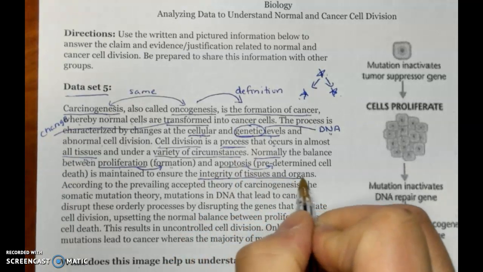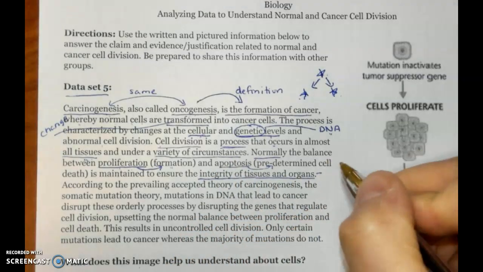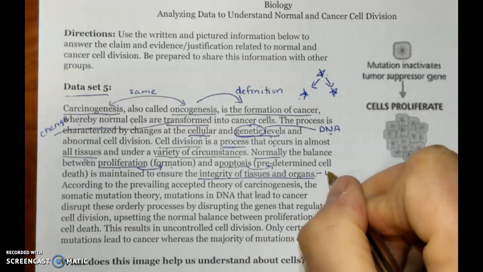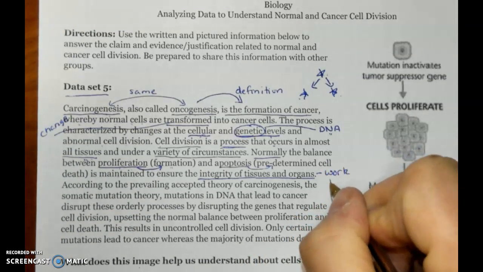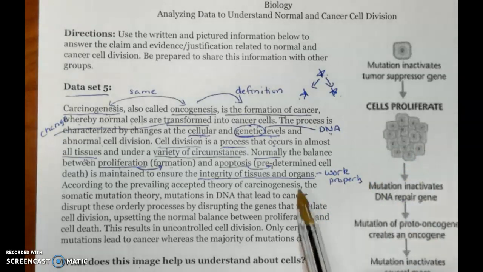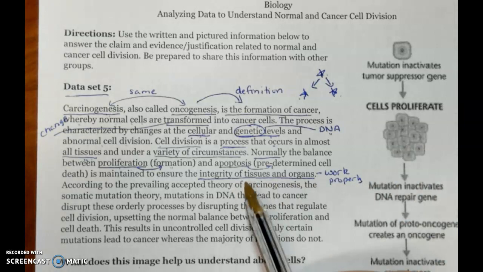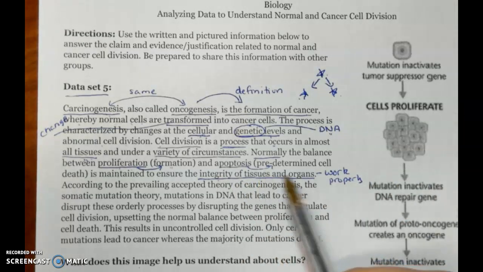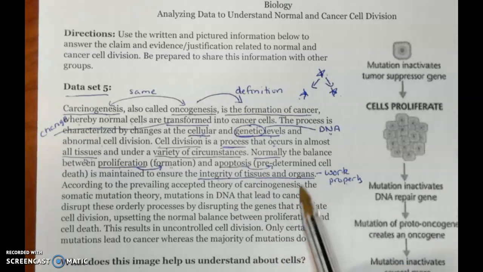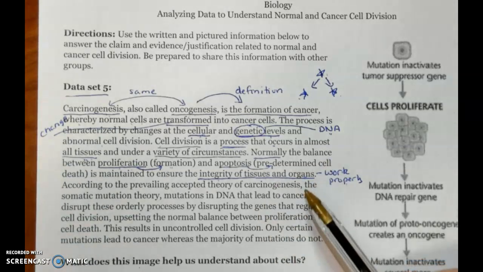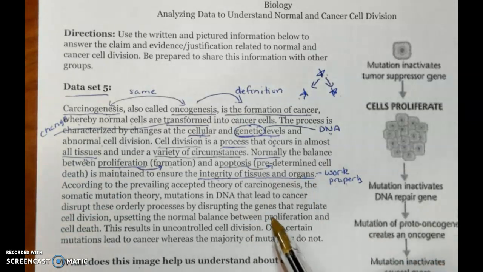Integrity of tissues and organs, this means to kind of have things work properly. If the cells of our body have good integrity, then our cells are working and functioning properly. Our heart is beating as it normally should. The cells in the heart, which is an organ, are reproducing as they normally should, so on and so forth.